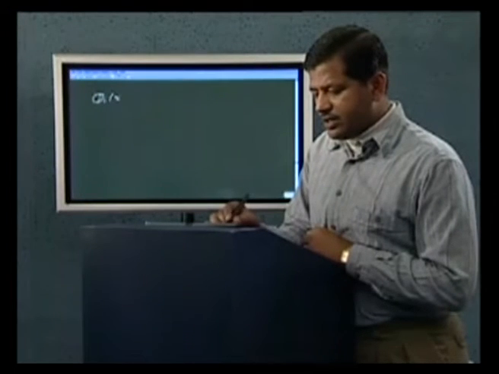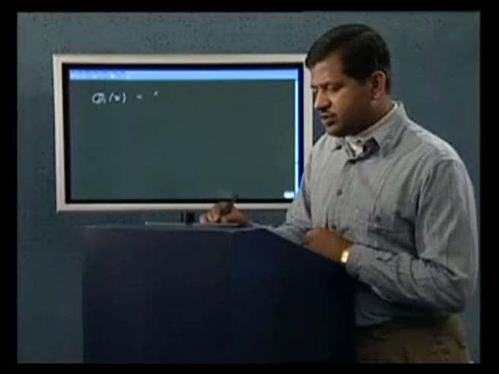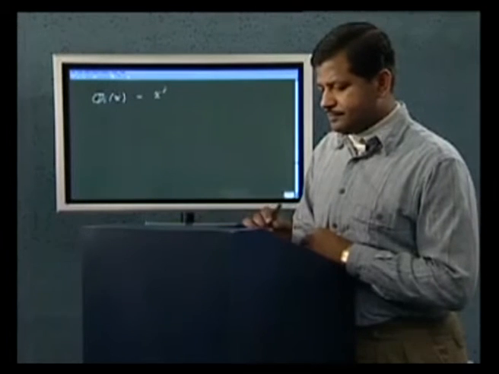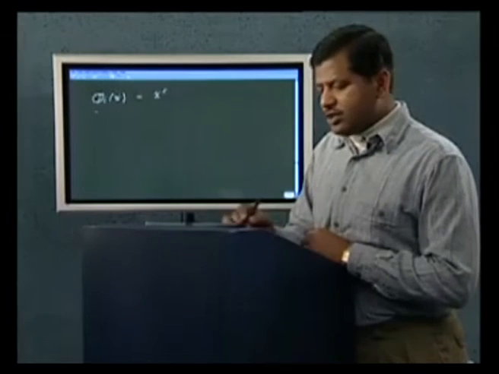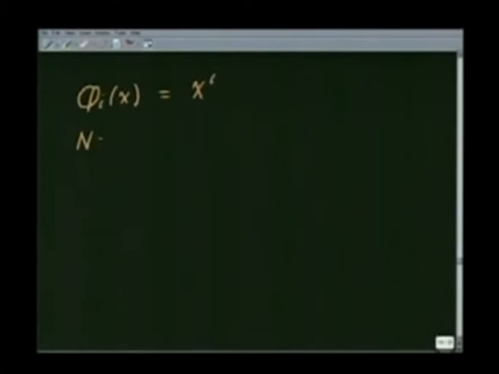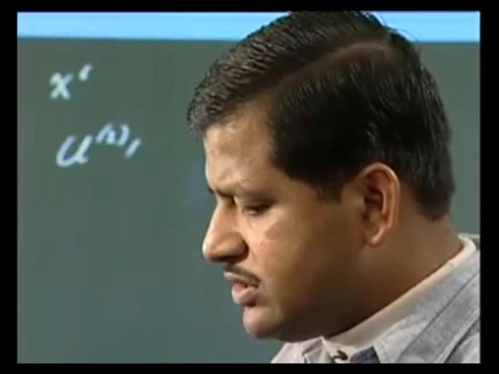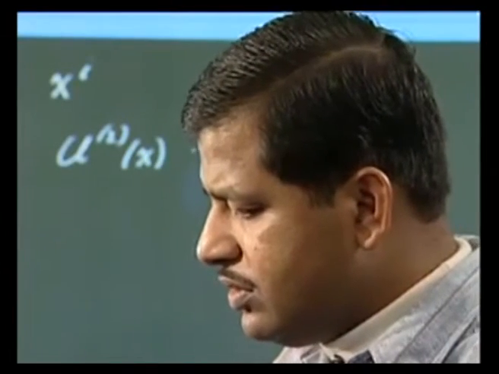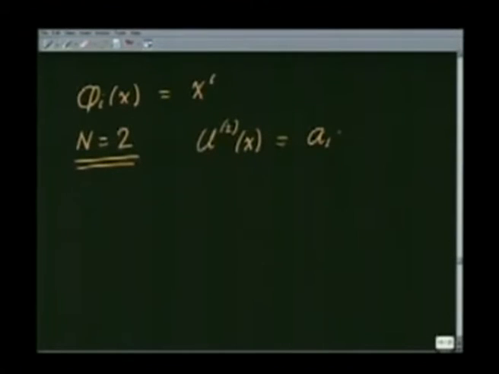So corresponding to this one, if we now choose our phi's as we have done earlier, equal to x to the power of i, and we will take a two-term solution, let us take n equal to 2. Then our u2 of x will be equal to a1 into x plus a2 x squared.